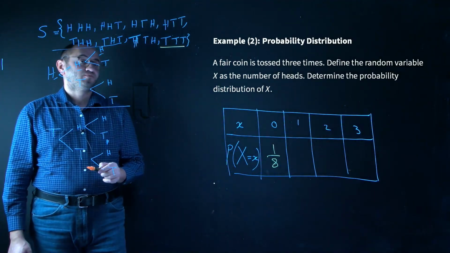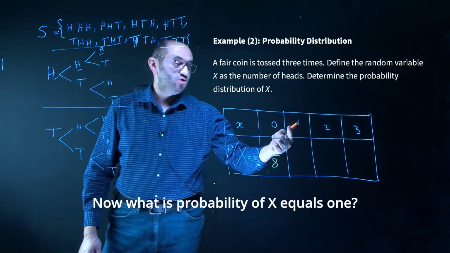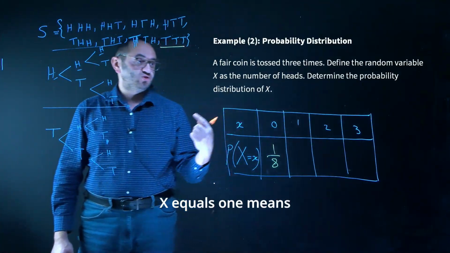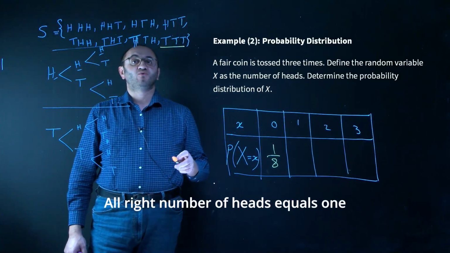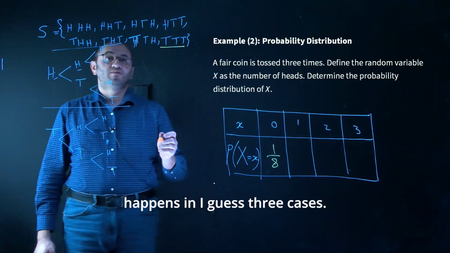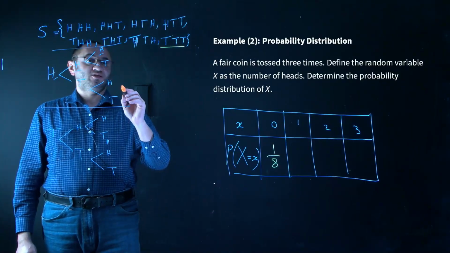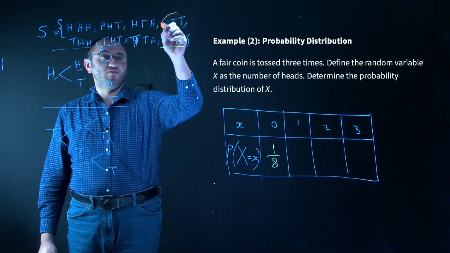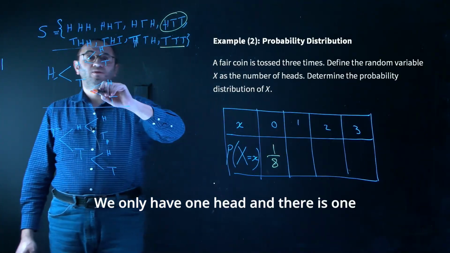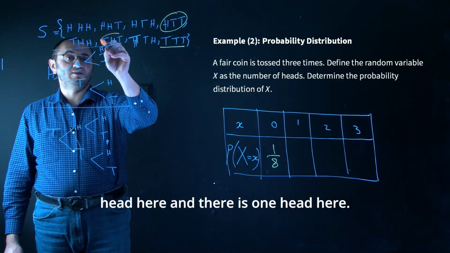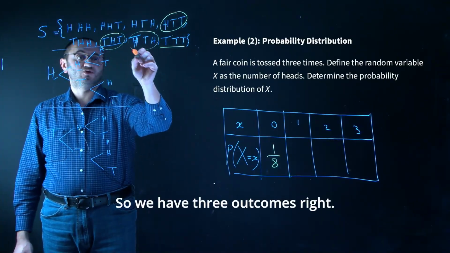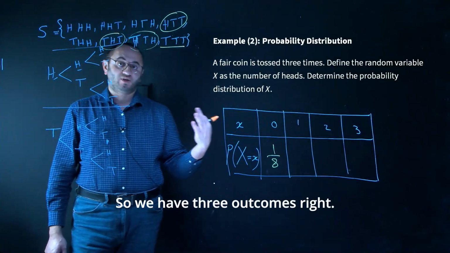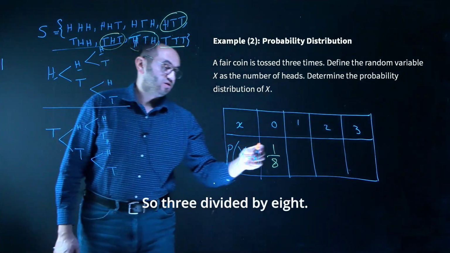Now, what is the probability of X equals 1? That means the number of heads equals 1, which happens in 3 cases: only 1 head in each. So 3 outcomes, 3 divided by 8.